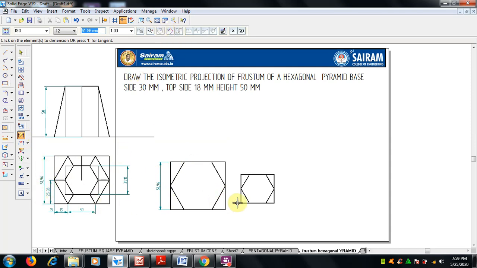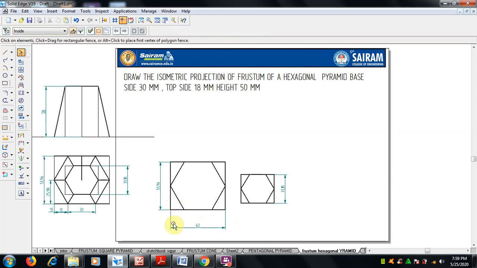And for this, what is this size? For the smaller size, I will put it here, 31.18. This is the side, and from end to end, all values you just make for our convenience. They are needed for us to draw. This is 60.